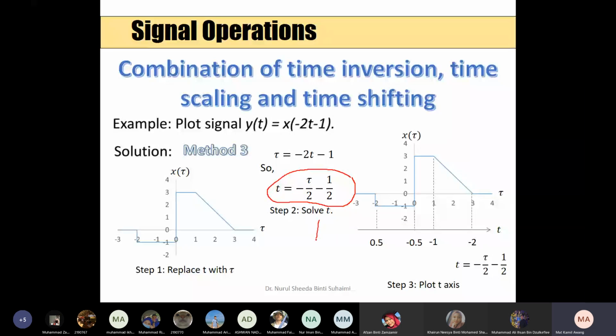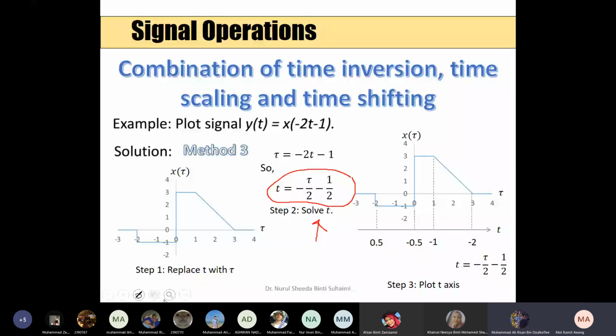Then you solve for t. Then after that you plot. This one you can try on your own.